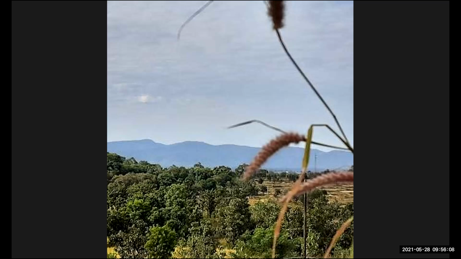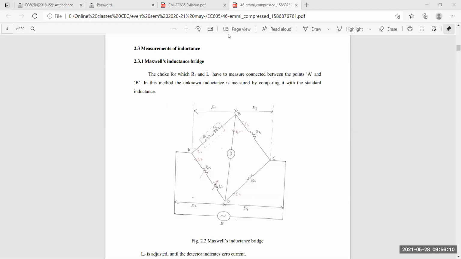Wait, let me share my screen with you. The screen is visible to everyone, I think. Others who have joined late, I will show you the QR code at the end of the class. So wait for them.